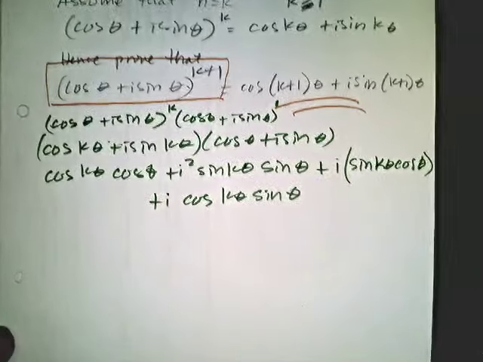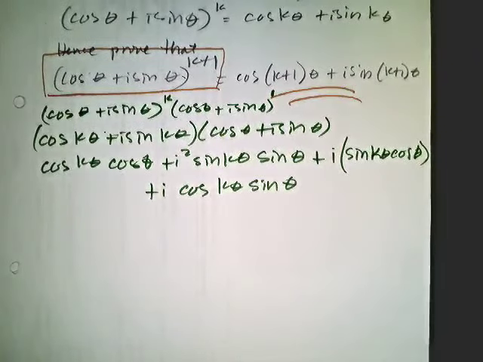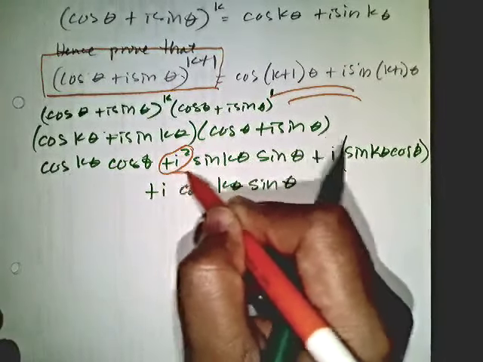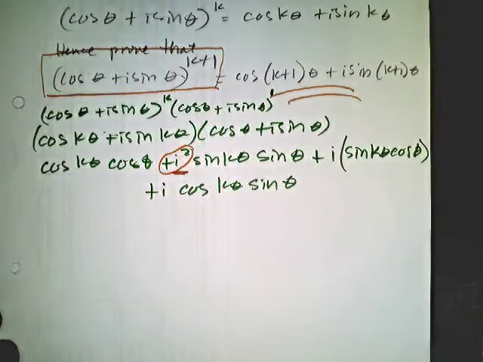There you go. And then take a look that i squared is negative 1, so we can just have it like minus there.